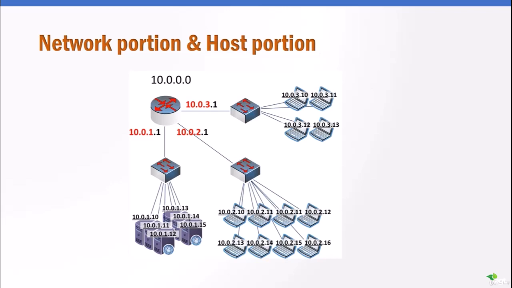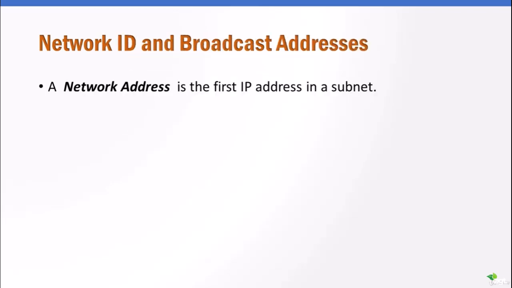Now that we've covered the types of addresses we would assign to gateways and end devices, we need to talk about 2 other IP addresses that are very important: the network address and the broadcast address. The network address is the very first IP address in a subnet.